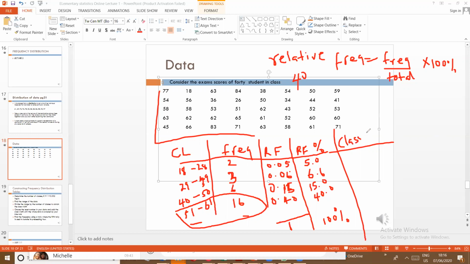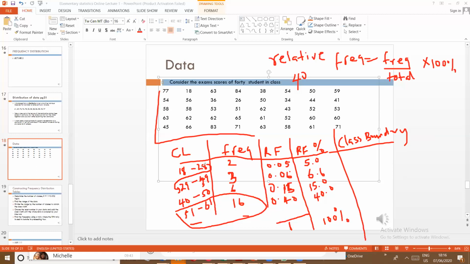The boundary is, in practical terms, halfway between the upper limit of the previous class and the lower limit of the next class. Two countries share a common boundary, right? The same way, two categories will share a common boundary.